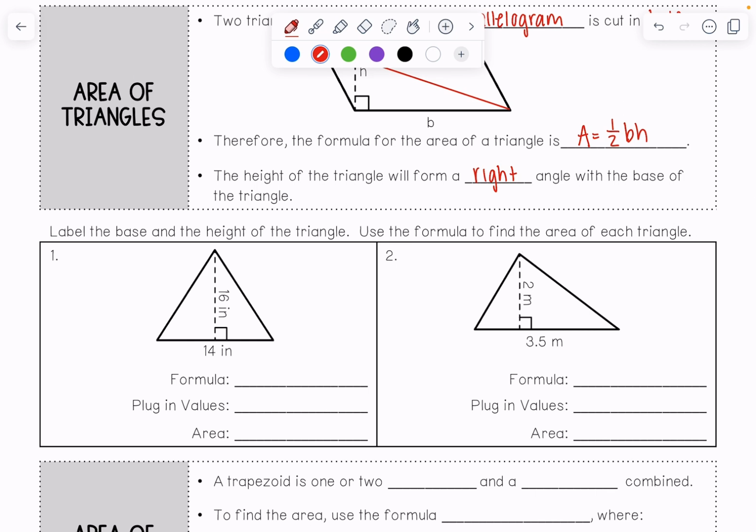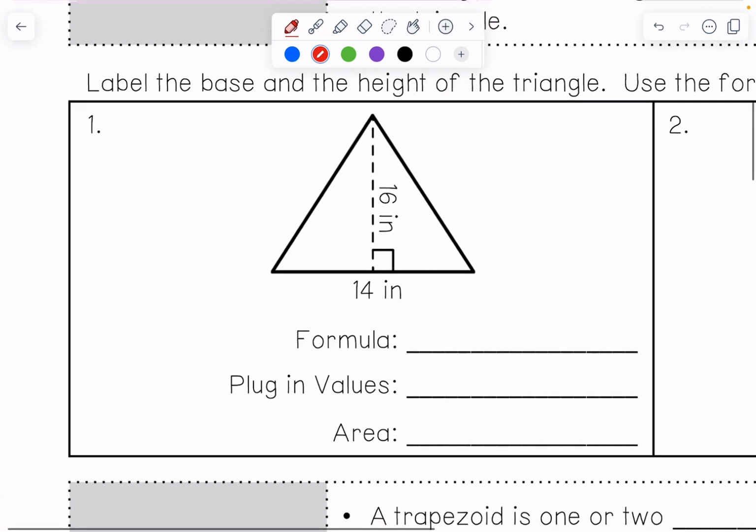So in number 1, for example, we have this triangle given to us, and because it's a triangle, we're going to write this formula. Area equals half base times height. We don't know the area, and we bring down our constant. Our constant here is 1/2, and then we plug in our numbers.